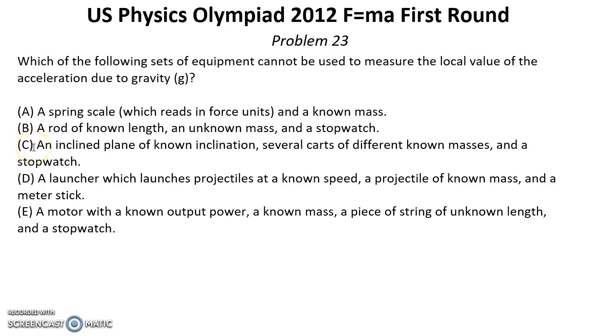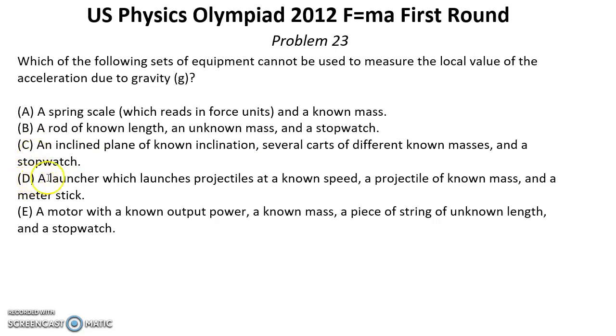C. An inclined plane of known inclination, several cars of different known masses and a stopwatch. Here we definitely need to know the height from where these cars are pushed, or the distance they travel, but we don't have a measure for that, so this definitely cannot be used to measure g, so it means that this is the correct answer.